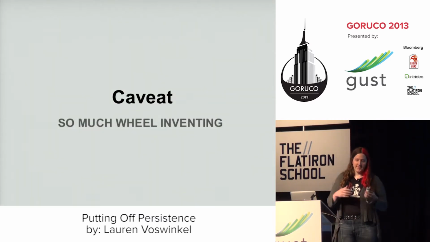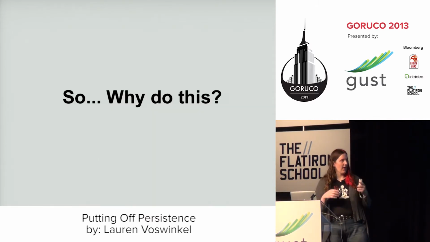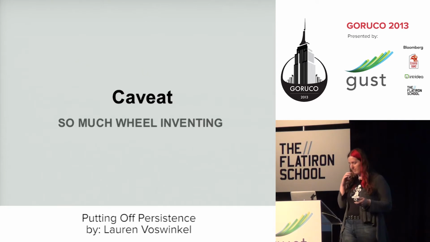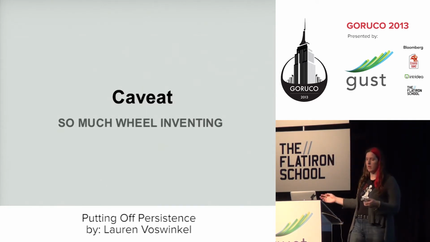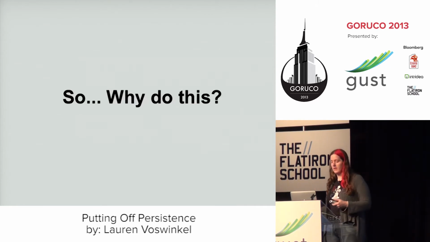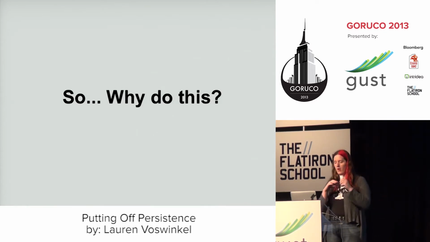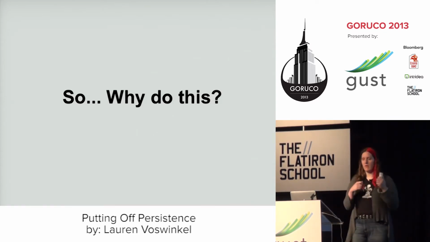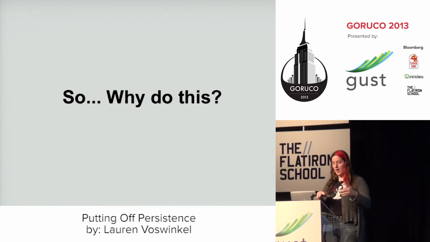The problem is this is a lot of wheel inventing, because most of this functionality would just be afforded by an ORM. So why am I doing this? I'm doing this because an ORM as a package provides you with all of these different connections and ways to interact with your domain model and how those objects in your domain interact with each other.